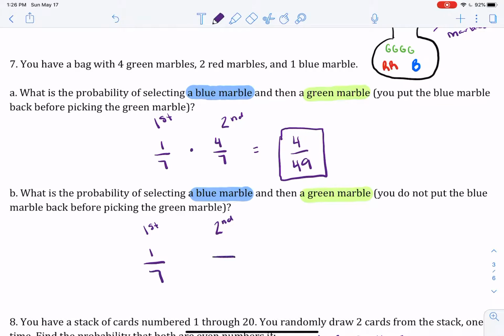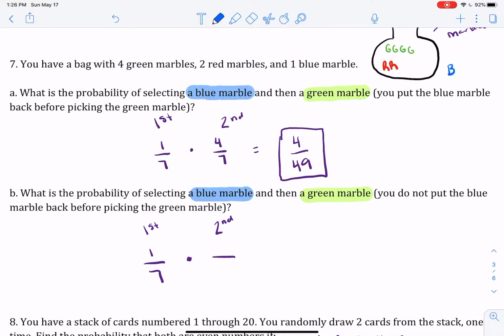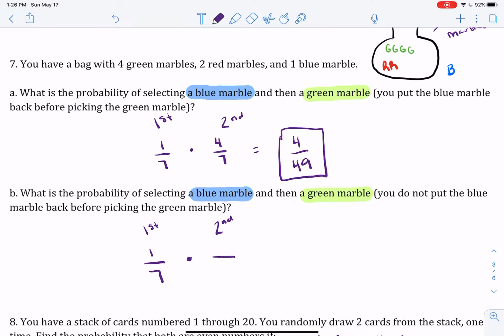But this time, when we went to pick the marble out of the bag, we did not put it back. So now it's not in the bag anymore, okay? So the probability we get a green marble would be 4, but now there's only 6 marbles left in the bag. So that would be 4 out of 42, or we could simplify that to be 2 out of 21.